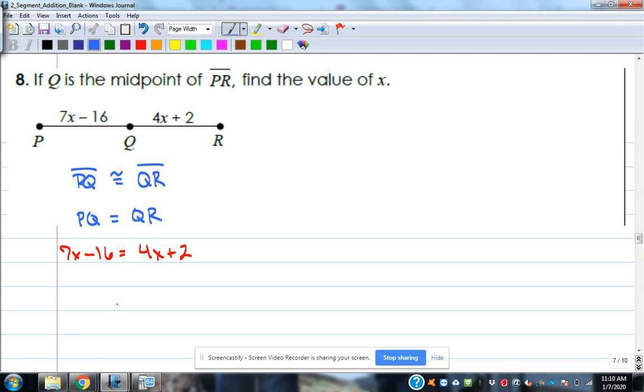So then we solve that equation. Really easy stuff. Subtract 4x, add 16. That'd be 3x is equal to 18, and x is equal to 6. They only ask us for the value of x, so we're done. Easy enough.